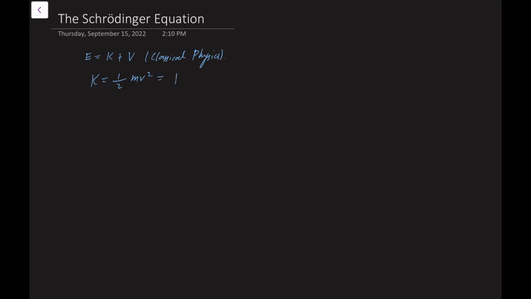We can also rewrite this as p squared over 2m, where p is the momentum of a particle. The momentum we know is mass times velocity, so we can do a simple check to see if this is in fact the kinetic energy.